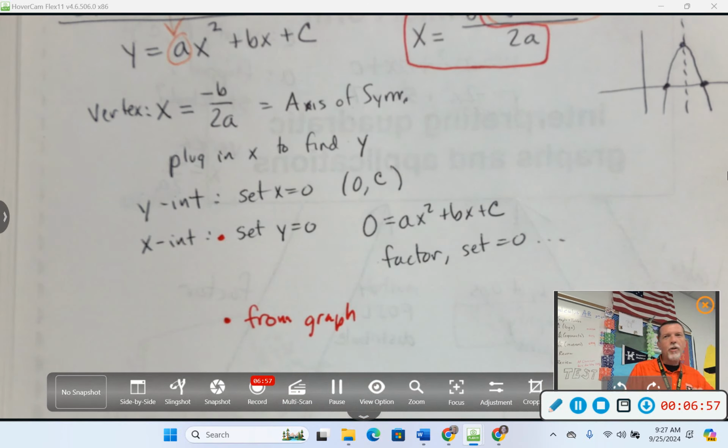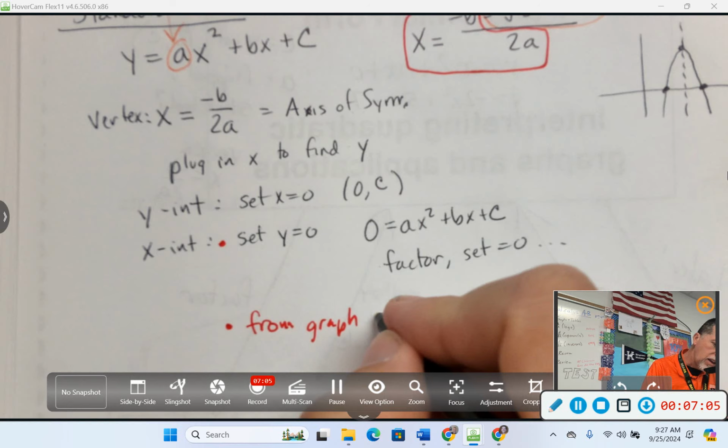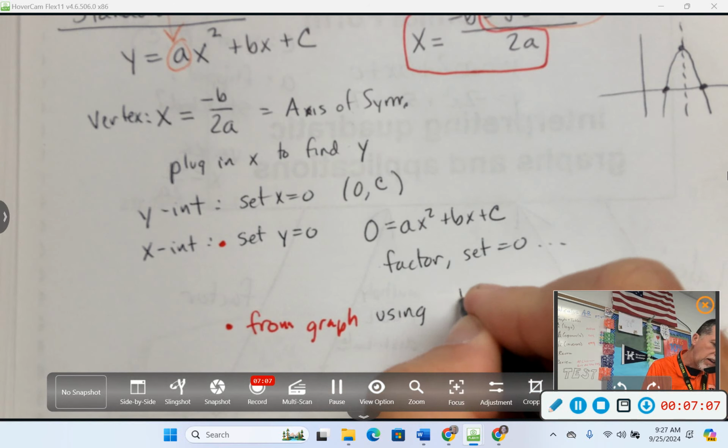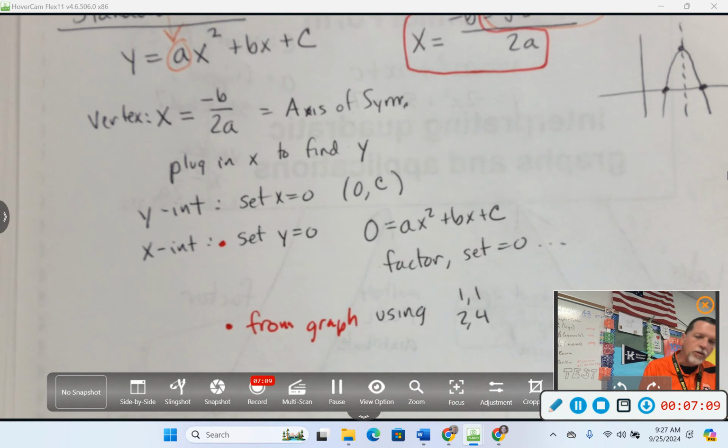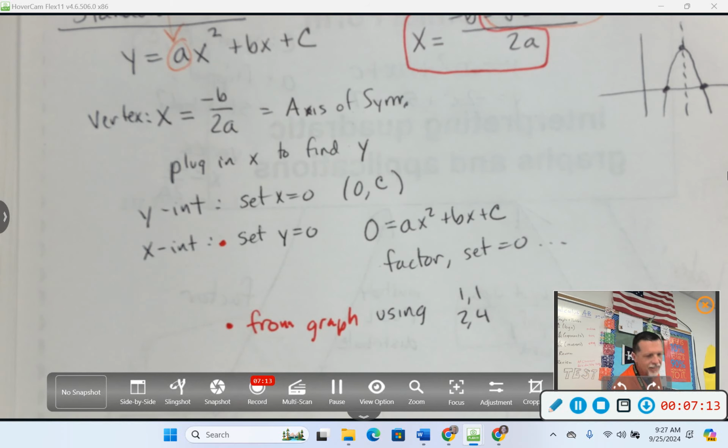So rather than find the x-intercepts and put them on the graph, you can find them from the graph and then just say what they are. If you use the 1, 1, 2, 4, sometimes those land on the x-axis, and you can find them that way. Meaning you can sort of avoid factoring.